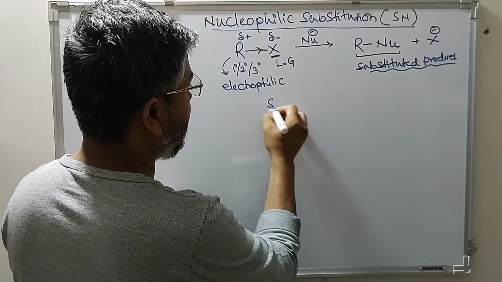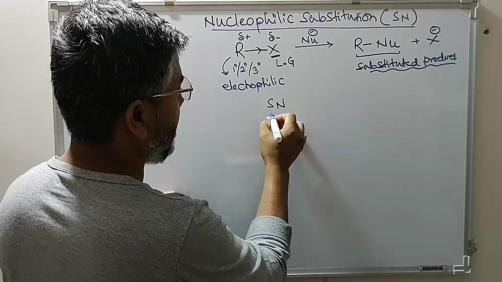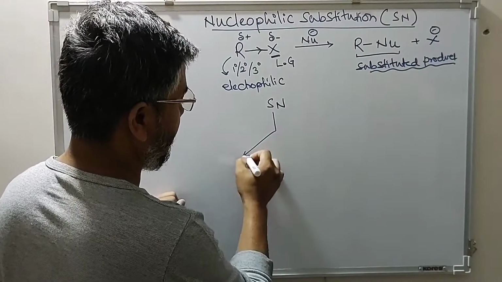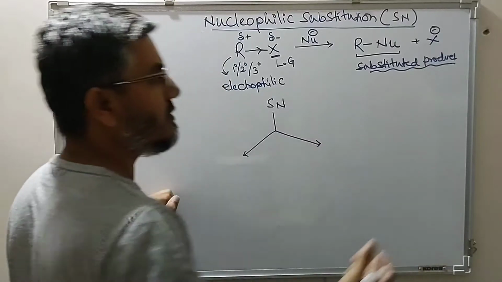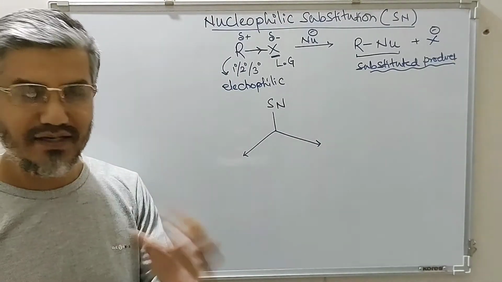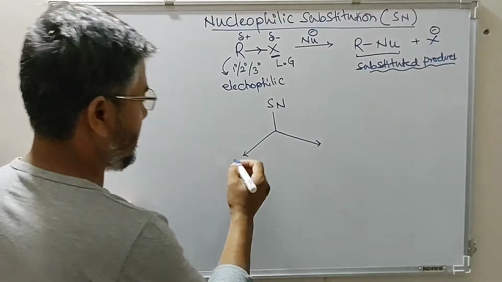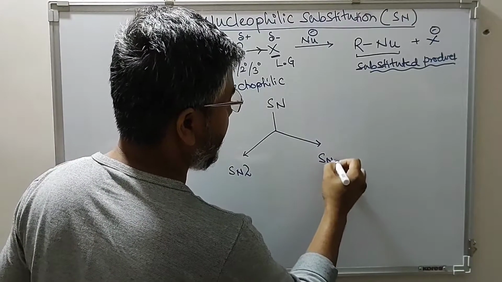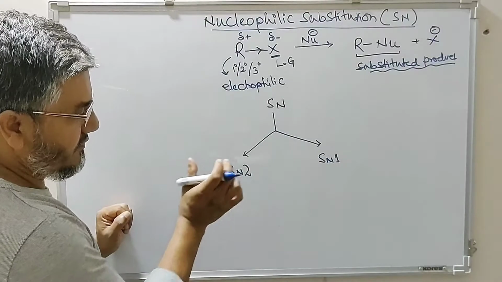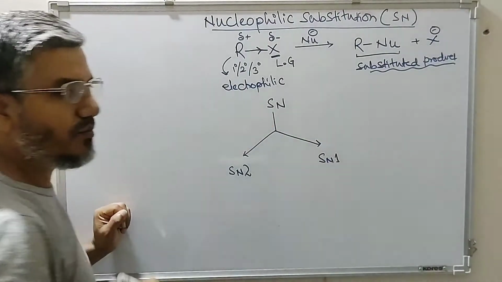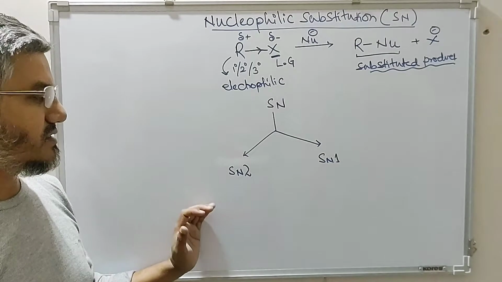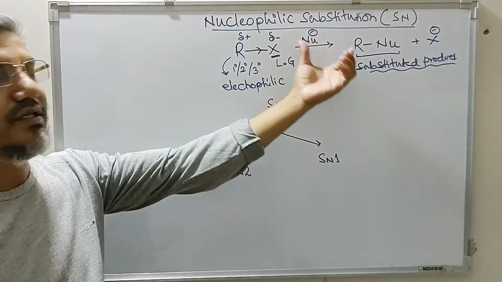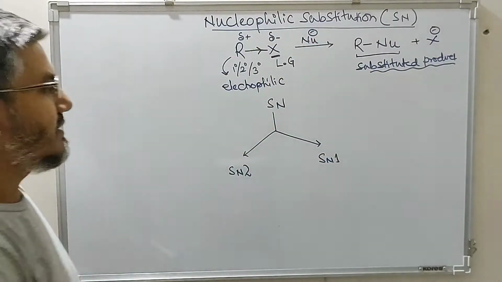So this SN, substitution nucleophilic, is of two types, based on the pathway or the mechanism. The first one is SN2, the second one is SN1. So we have the SN2 and SN1 pathways. Now we are going to focus in detail on these SN2 and SN1 pathways for nucleophilic substitution reactions.